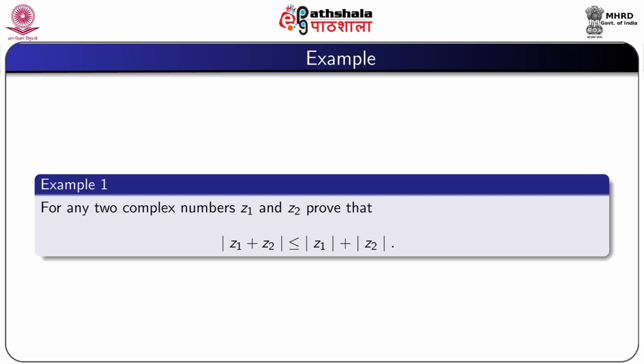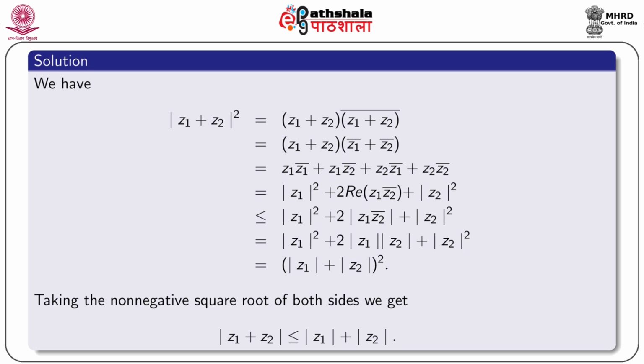Example 1, for any two complex numbers z1 and z2, we have modulus z1 plus z2 is always less or equal to modulus z1 plus modulus z2. We have modulus z1 plus z2 square, that is equal to (z1 plus z2) into conjugate of (z1 plus z2), since we know that mod z square equal to z into z bar.